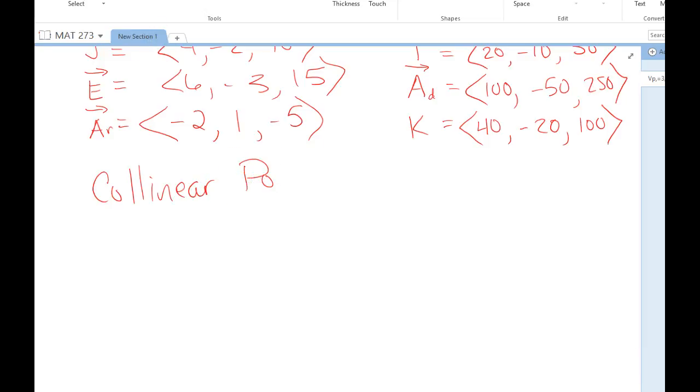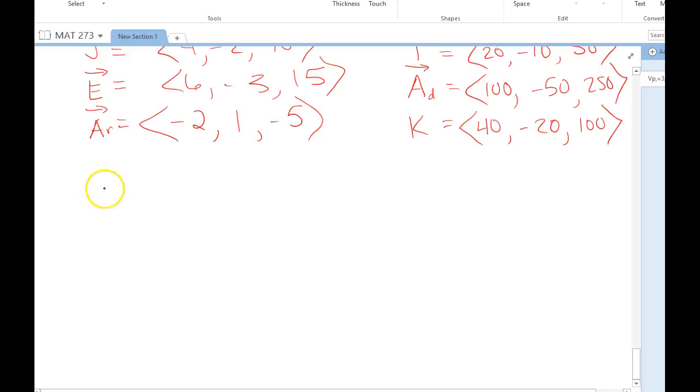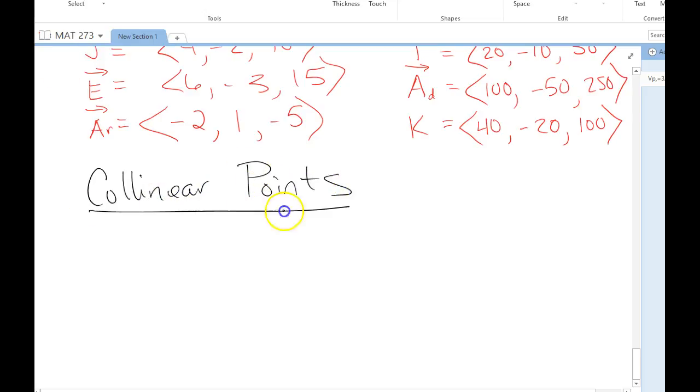I'm going to change back to black. So this is something you may have not heard before, because maybe in physics you did, but in math classes we've never really done anything in 3-dimensional space.